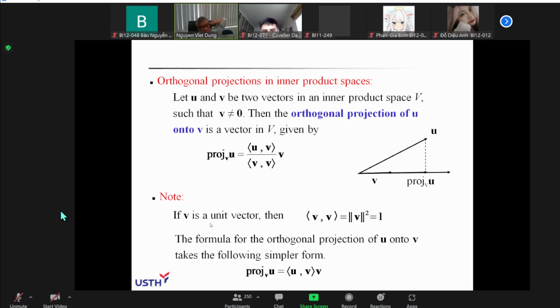And because V is unit, the inner product of V and V equals the square of the length of V, which equals 1. Then the formula becomes that one. The orthogonal projection of U on V equals the inner product of U and V multiplied by V. So now it's a much simpler formula.